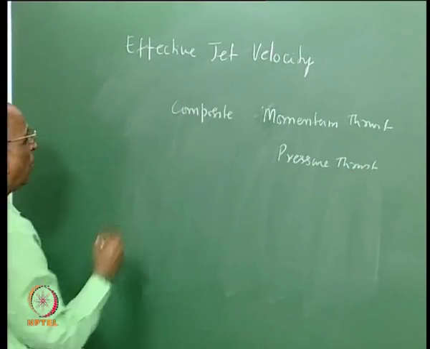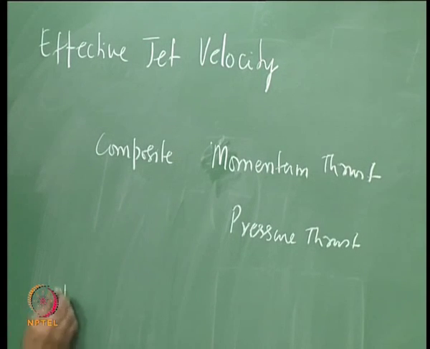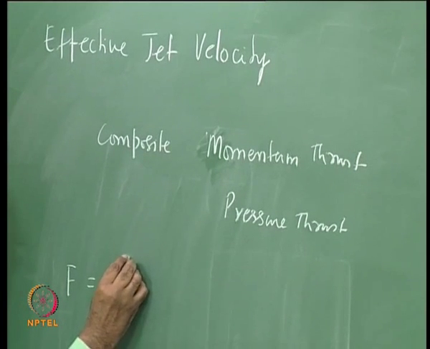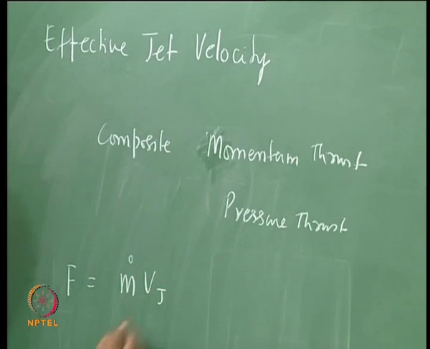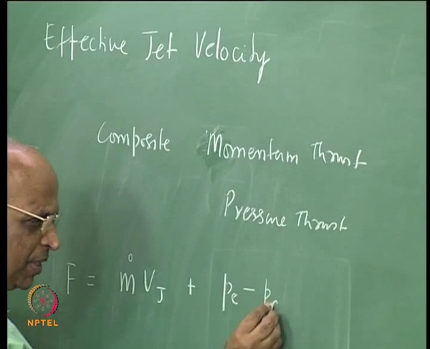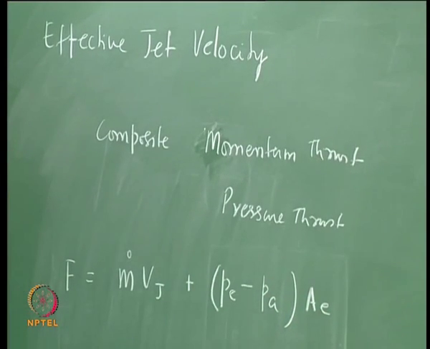Let us examine what this effective jet velocity is. Let us say that the total thrust is given by the momentum thrust which is equal to m dot into Vj, and the pressure thrust is because at the nozzle exit the pressure Pe is greater than Pa, and into Ae, this becomes the pressure thrust.